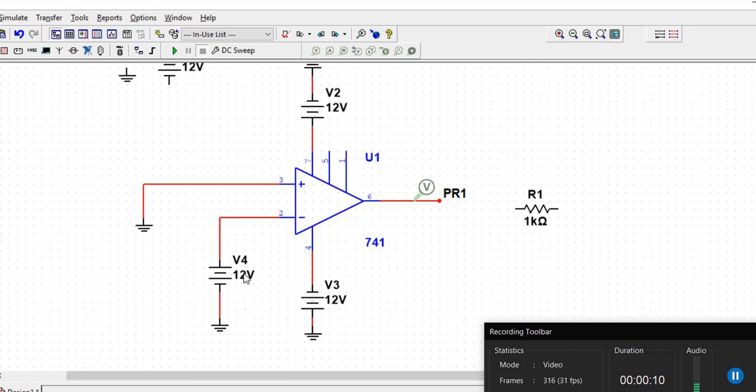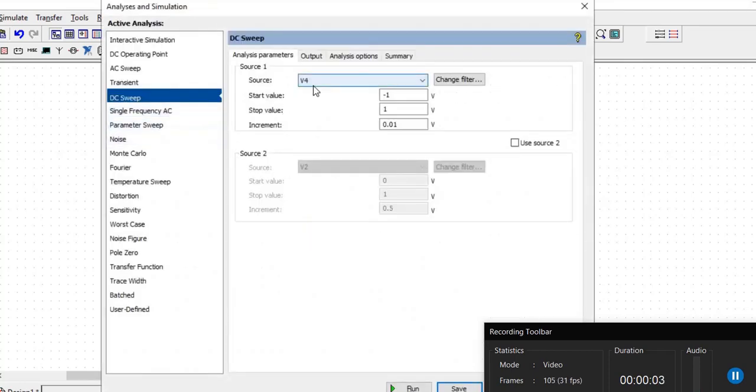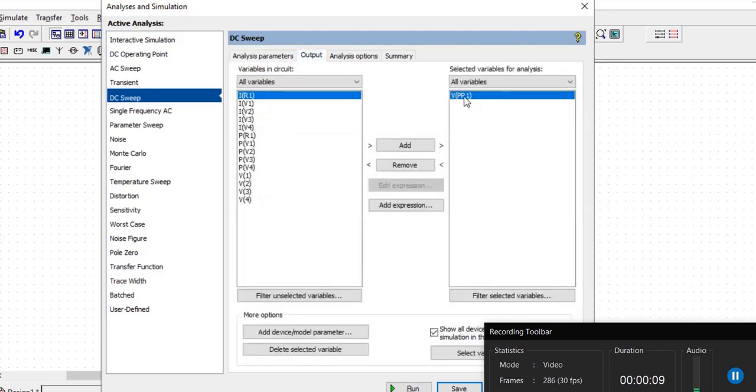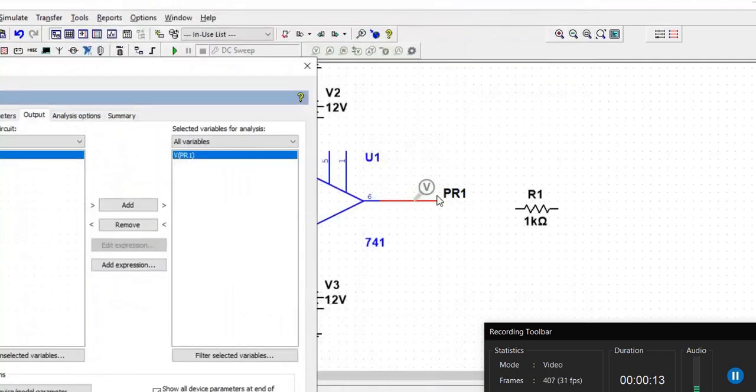So now we can change this voltage V4 and see how the output responds. So let's open up the DC sweep. Source is V4, which is what we want, -1 to 1, increment of 0.01. The output is selected as the voltage probe, which is at the output pin.